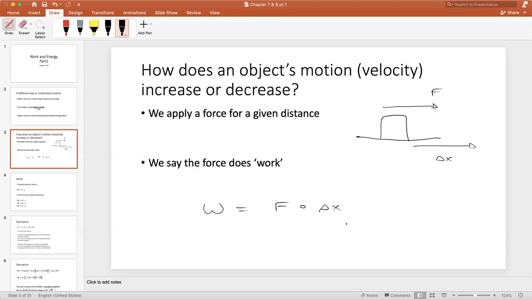At the end of that 100 meters, your car is now traveling with some velocity. You've changed the velocity of the car because you've done work on it. You've applied a force, which is the mass of the car times acceleration, over a certain distance. I hope that makes sense to you. And that's what work is.